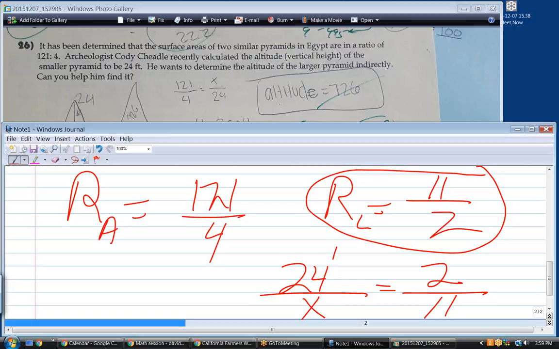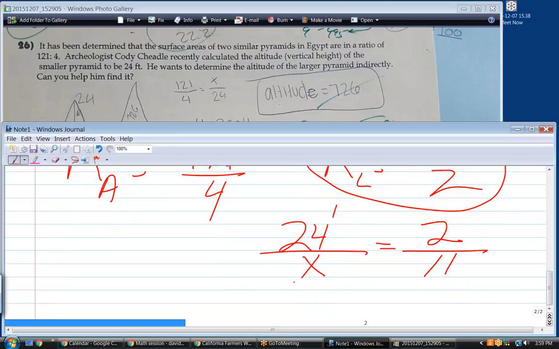And when you start taking cube roots and square roots of numbers less than 1, it can confuse someone. Whereas if you take square roots and cube roots of numbers bigger than 1, it makes much more sense. So x here would be, I would want to cross multiply: 11 times 24 divided by 2.